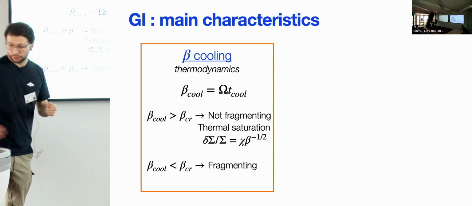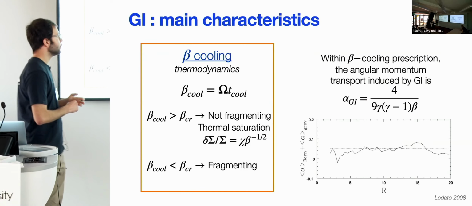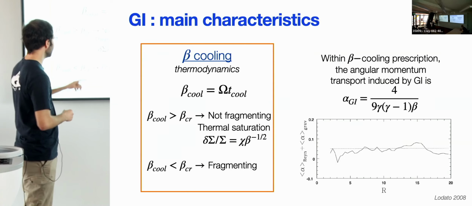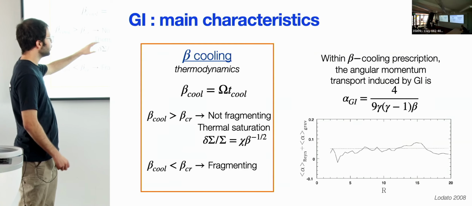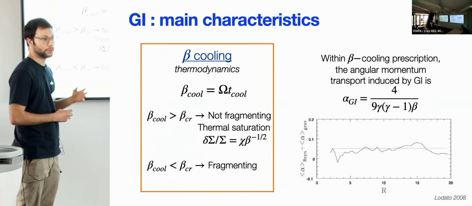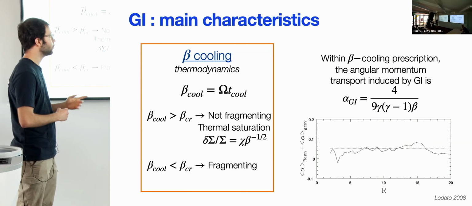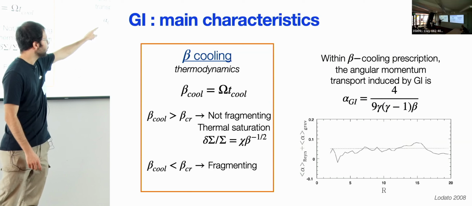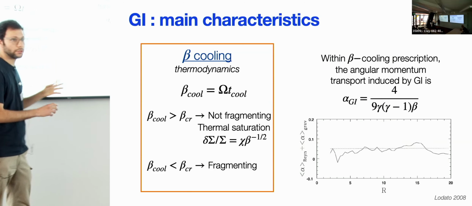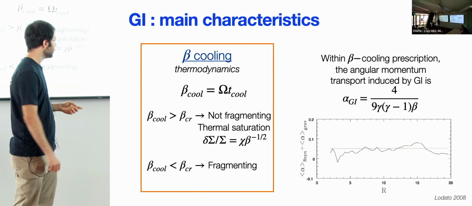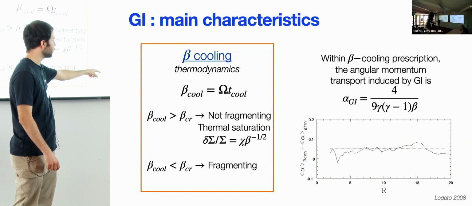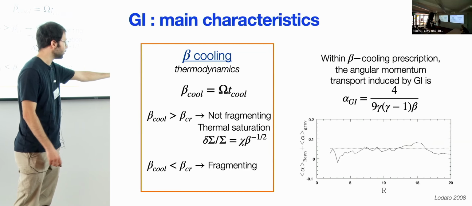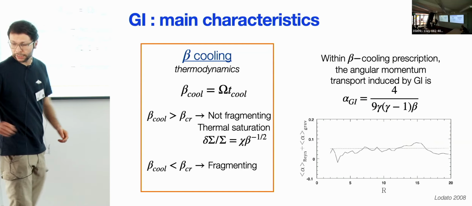And what is also important here is that within this beta cooling prescription, in thermal saturation regime, the amount of angular momentum transport throughout the disk by GI is completely given by the cooling, with this expression where alpha GI is the Shakura-Sunyaev alpha coefficient, and it has also been verified by numerical simulations by Lodato in 2008.